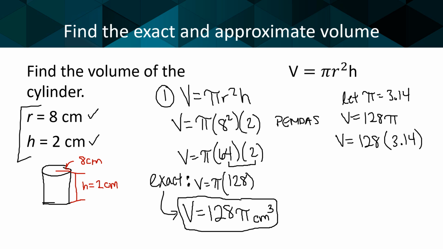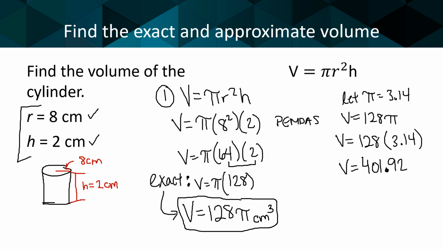So I have 128 times 3.14. And that is going to give me 401.92. Now, again, if I had more than 2 decimal places here, I would need to round, but we're rounding to the nearest hundredth, so this is good to go.